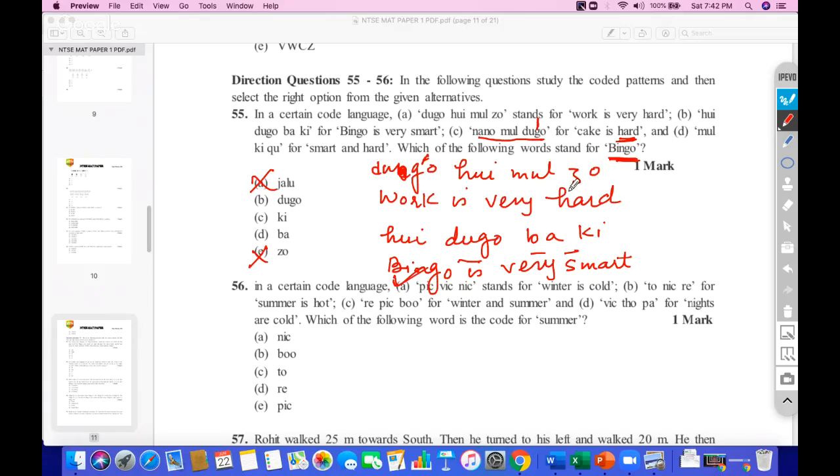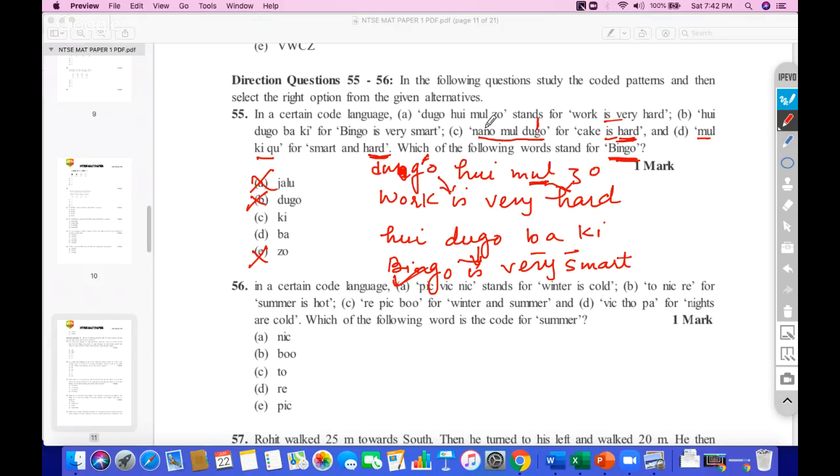It can be for is also, and Mul Ki Q. So here only Mul is coming and here in both of them hard is coming. So Mul is for hard and then Dugo would be for is. So Dugo is and Mul is, so Dugo cannot be the answer. Now Mul is for hard.